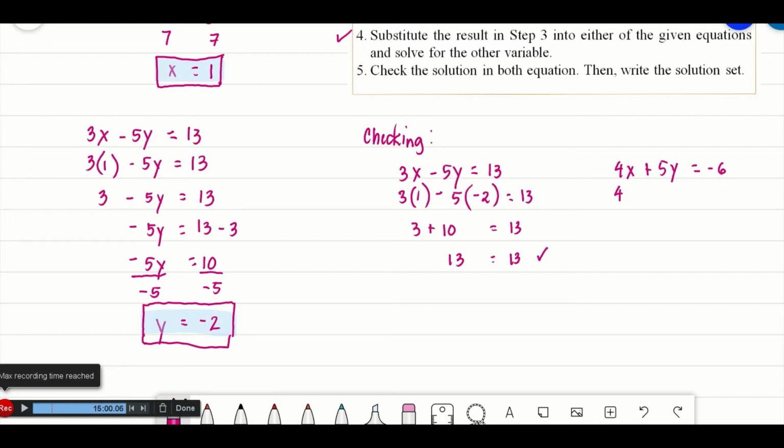So you have 4 times 1 plus 5 times negative 2 equals negative 6. 4 times 1 is 4, 5 times negative 2 is negative 10, equals negative 6. 4 minus 10 is negative 6, that is equal to negative 6. So our values of x and y are true for the second equation.